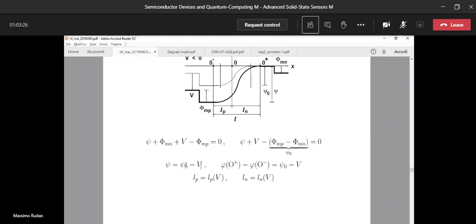The reverse biases can be rather large, okay, unless we push it to the point that we reach the condition of avalanche and we destroy the device, okay? Another issue is that, as we anticipated, the distances LP and LN depend on the applied voltage, okay?